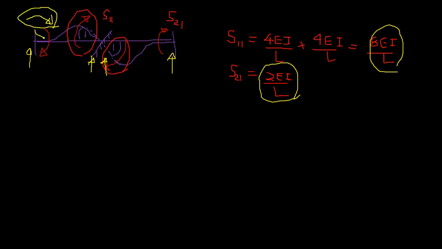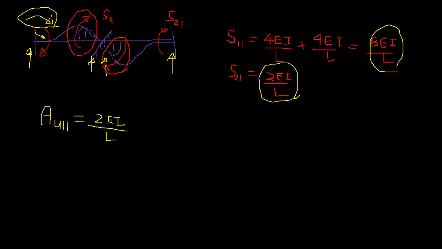So there is this bending moment, right? So we call it AU11. So that brings you 2EI over L. So applied unit rotation here, this is 4EI over L. The far end, this is 2EI over L.